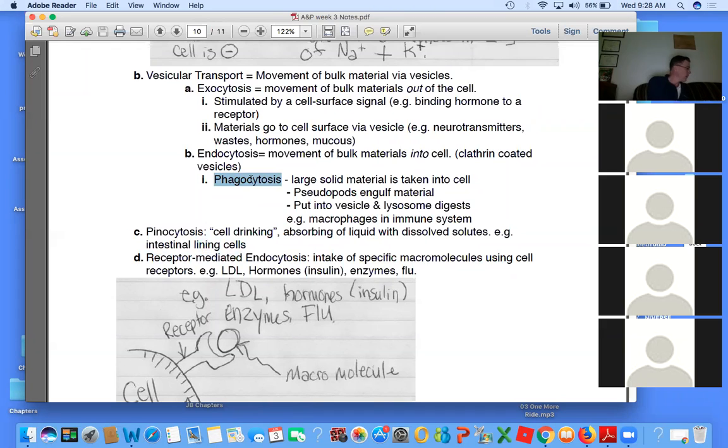Figure 3.18 on page 99 is a picture of an amoeba, some creature gobbling up an enemy with its pseudopods, or fake feet, we call them. Even our own cells do this. Our little fake feet surround and gobble up and pull in an enemy. That's how your immune cells work, and the lysosome digests it.